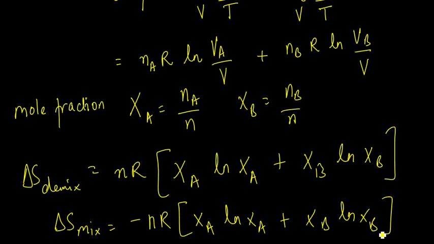And since all the mole fractions are always necessarily less than 1, their logs would be negative numbers. I have a negative sign here. Delta S of mixing is always positive, and mixing is a spontaneous process. It's a very special case, yeah. Constant pressure, constant temperature. Ideal. Right.